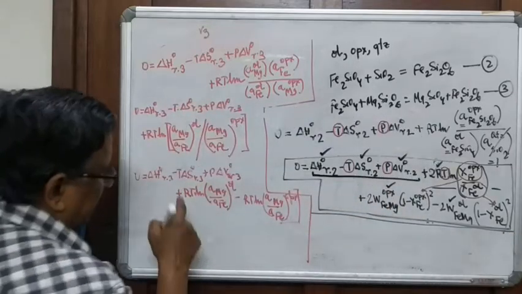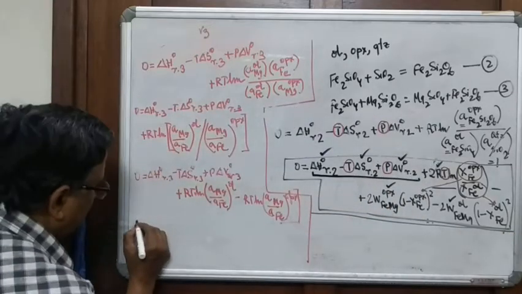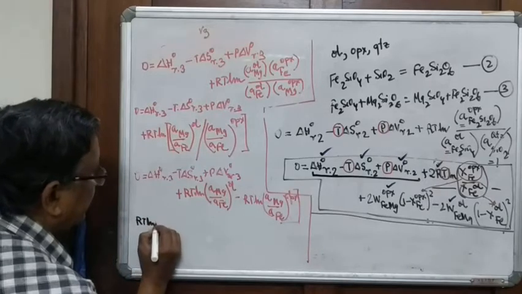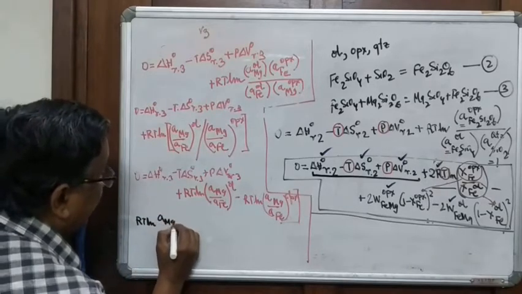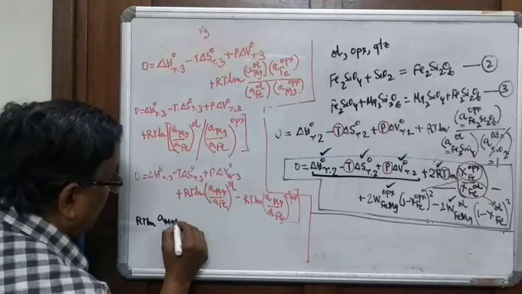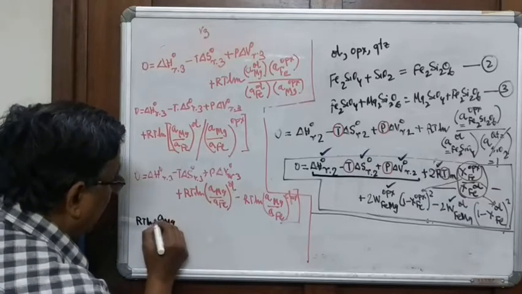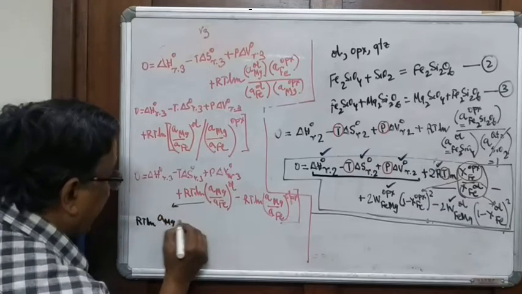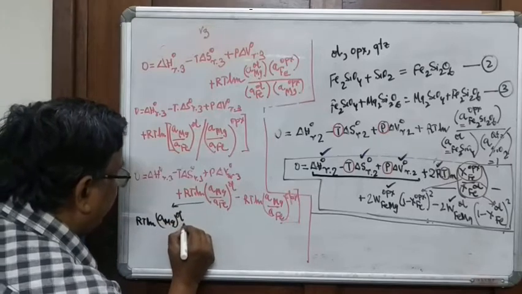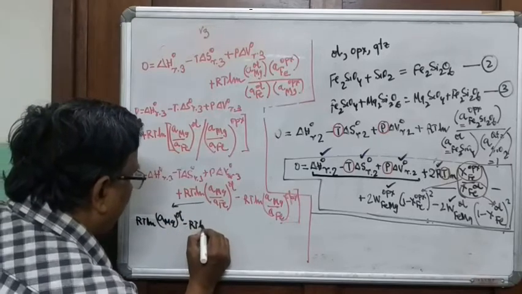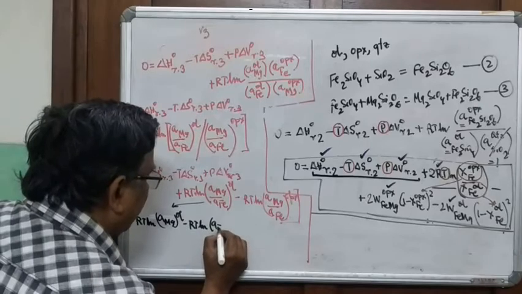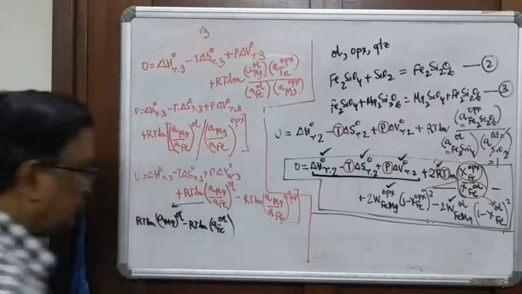Here I will derive this one. Look at here. RT ln activity of Mg in olivine minus RT ln activity of Fe in olivine. Yes or no?